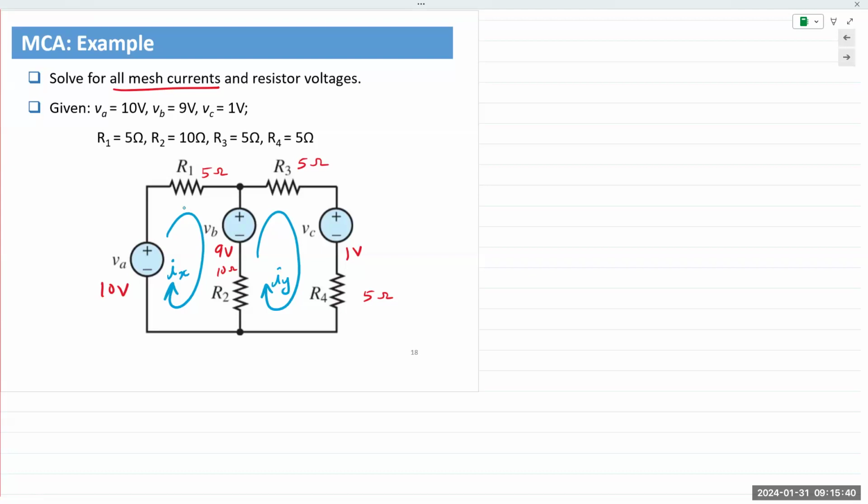You can choose whatever you want. So identifying meshes, there are only 2 meshes in here. Very easy to see. And then assign mesh currents IX and IY for both. We'll call this mesh 1, and let's call this mesh 2. Both currents are clockwise, IX and IY.